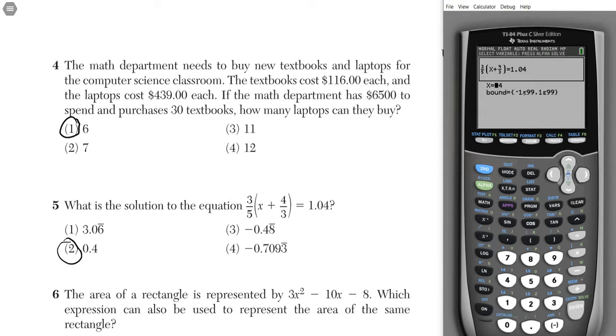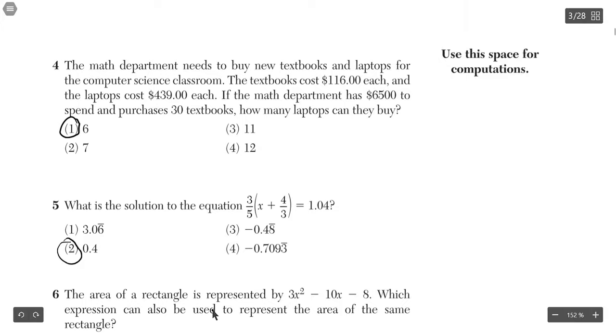So it's just saying in between a really small number and a really big number. Okay, so now I press alpha, solve, and it gives me my solution is 0.4. Okay, so those are our two methods. Personally, I prefer the graphing and finding the point of intersection, but if for whatever reason it's not working, you can use this method. Okay, number 6.